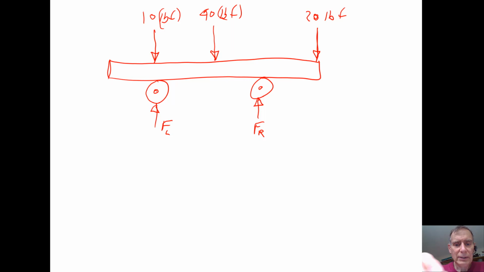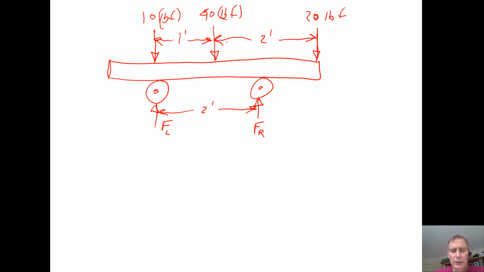So let's say this is 2 feet between the wheels. This one is right over the wheel, and this is 1 foot right here, and this is 2 feet right here.